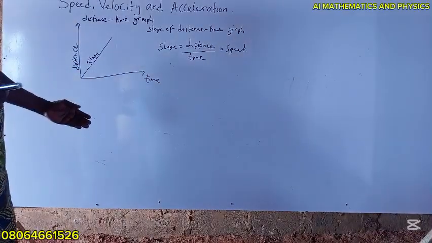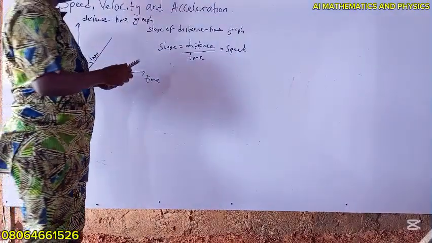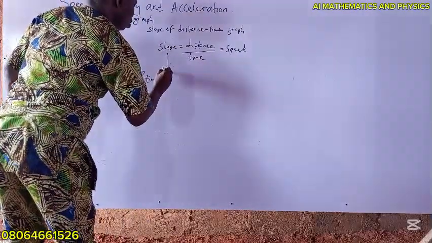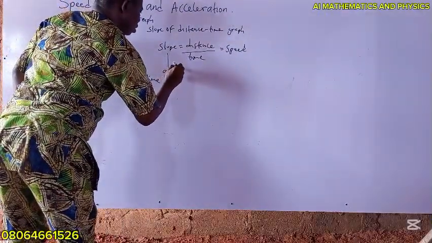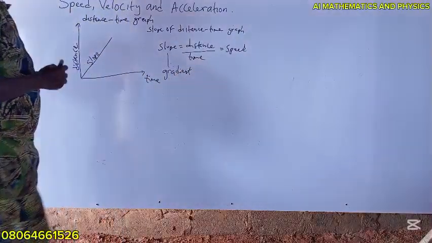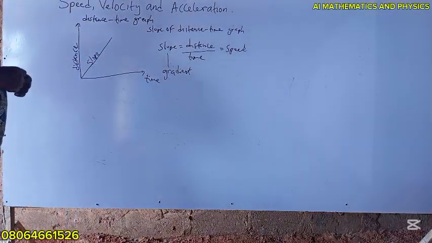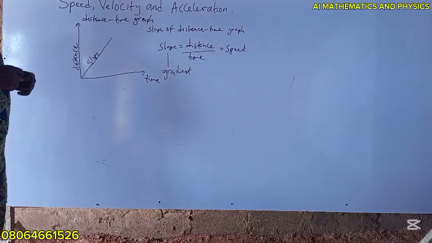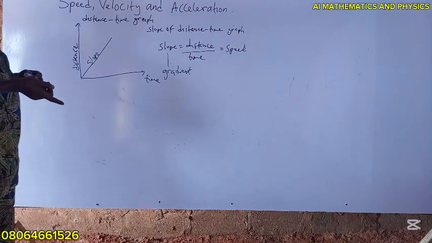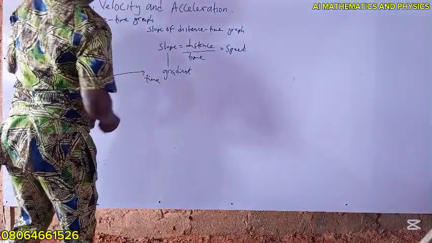Slope can also be called gradient. Slope and gradient are the same thing.